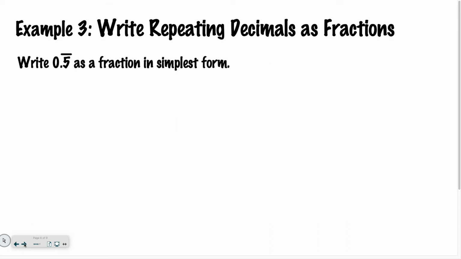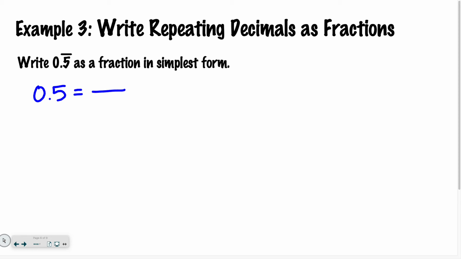All right, now let's practice going the other way. Let's practice writing repeating decimals as fractions. So if I want to write 0.5 repeating as a fraction in simplest form, I'm going to practice something a little different first. What if I take away that bar notation? And I say, let's write 0.5 as a normal fraction.